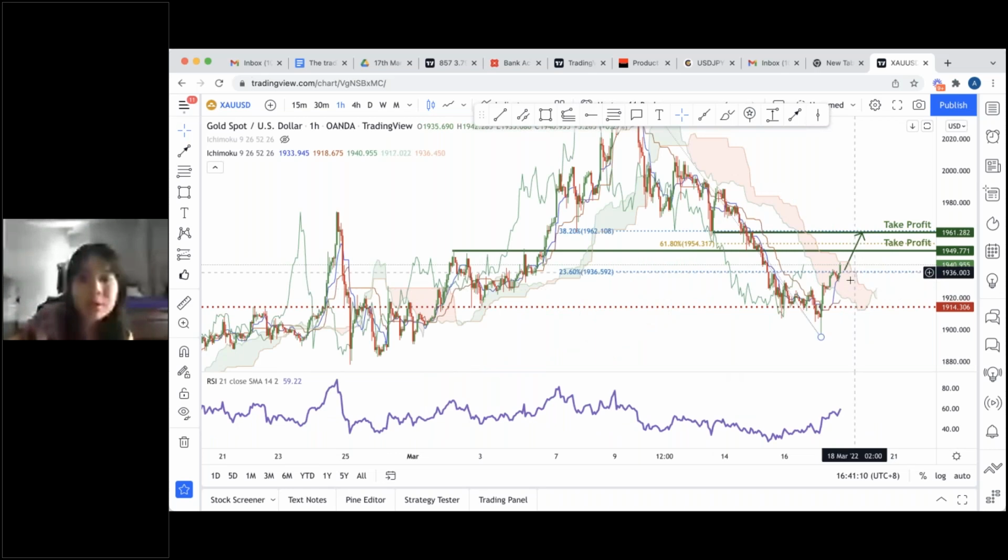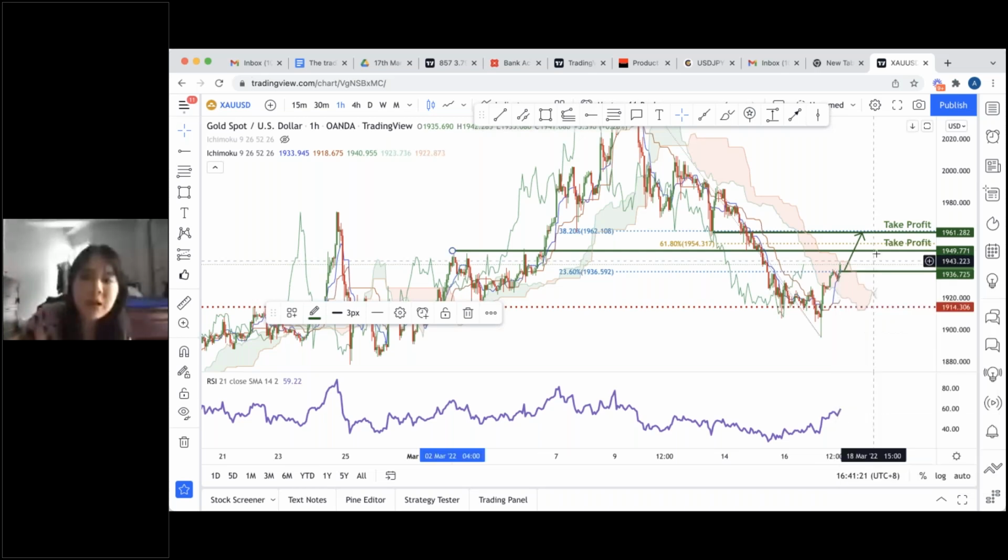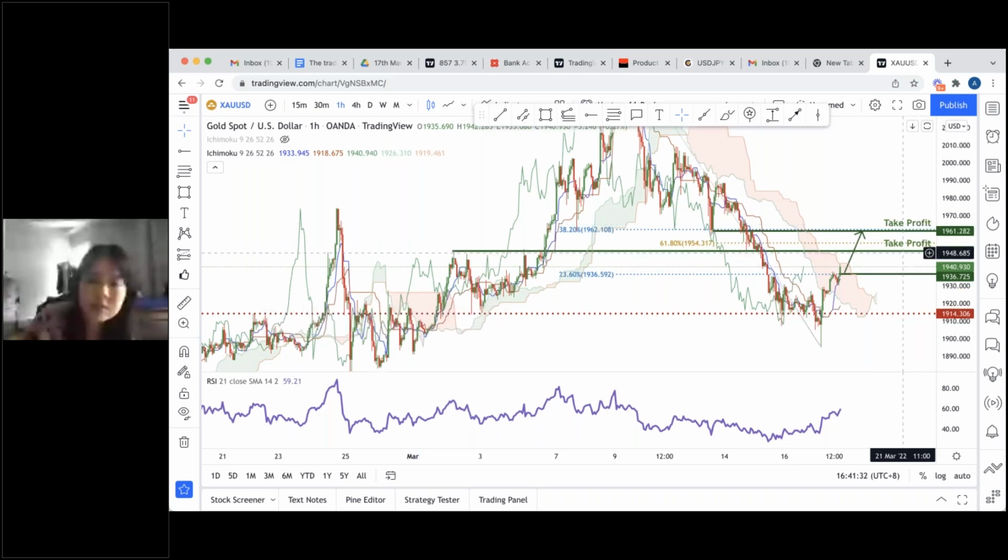So if it retests this level, you can consider going in for a long towards first about a $9 move towards this first resistance, then take partial profits or wait for the second resistance if you are daring. So these are the two levels I'll highlight: first resistance, second resistance. But overall the movement is bullish.